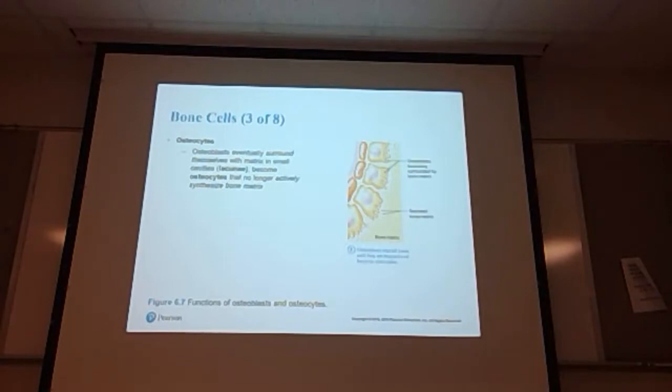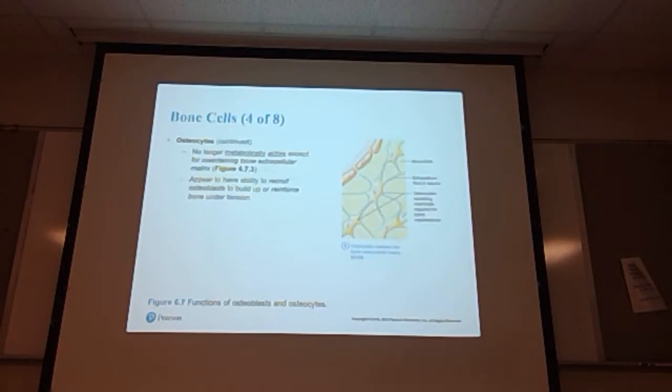The osteocytes. The osteoblasts will eventually surround themselves with the matrix into small cavities called lacunae. Once they have been completely surrounded by a lacuna, they are then osteocytes and are no longer actively synthesizing bone matrix. They are no longer metabolically active except for maintaining bone extracellular matrix.